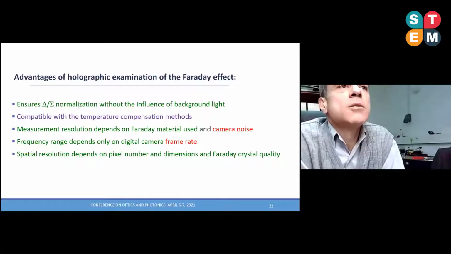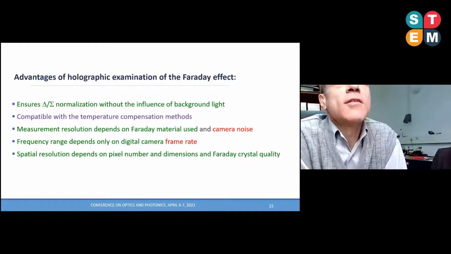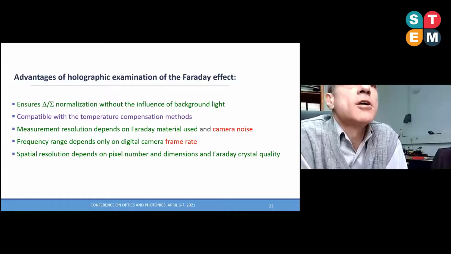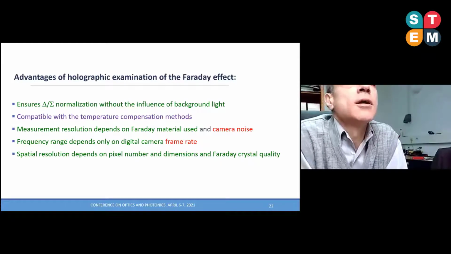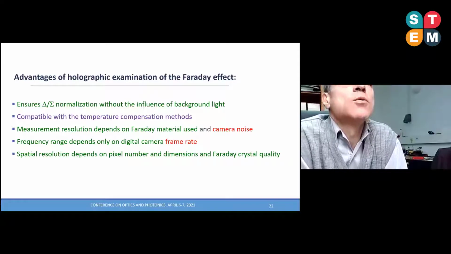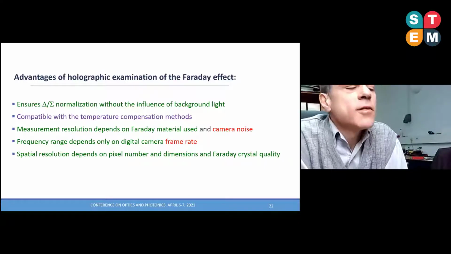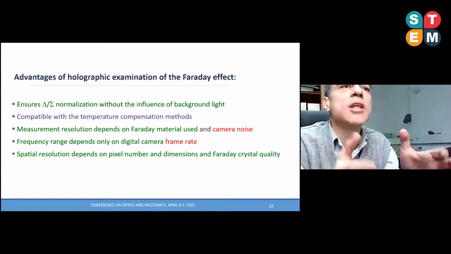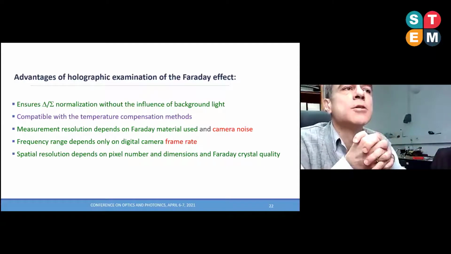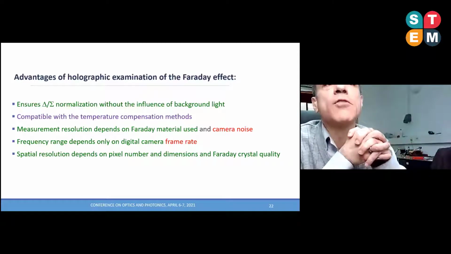About the resolution, well, we are planning to use crystals with giant Faraday rotation, and we have a little drawback. Of course, camera noise is higher than the noise of a photodiode, but we think we are going to get to the microtesla range. About the frequency range, note that all necessary information is contained in one hologram. So basically, frequency range only depends on the camera frame rate.